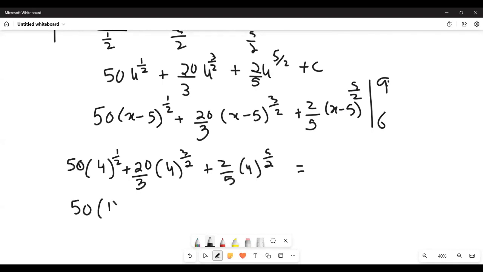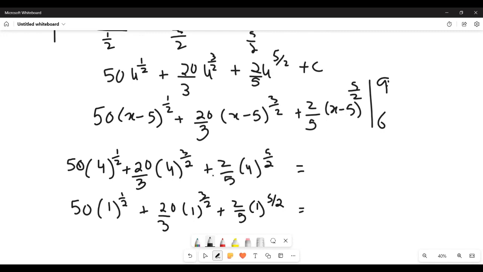So 6 minus 5 is just 1. 1 power half plus 20/3 1 power 3/2 plus 2/5 1 power 5/2. 1 की तो कोई भी पावर हो it's still 1.